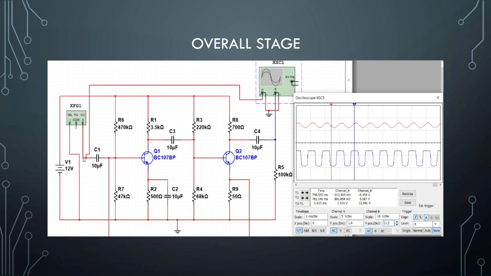Overall, stage 1 and stage 2, channel A is placed at capacitor 1 and channel B is placed at capacitor 4.